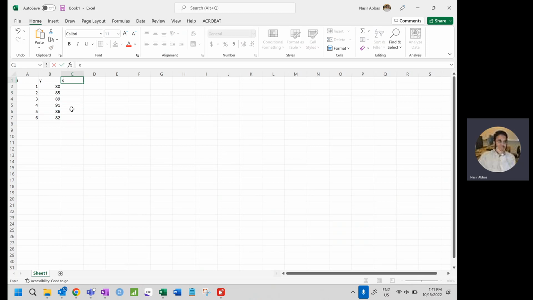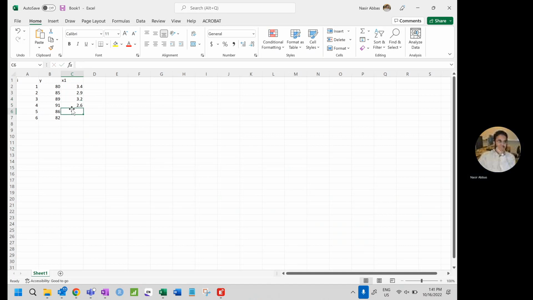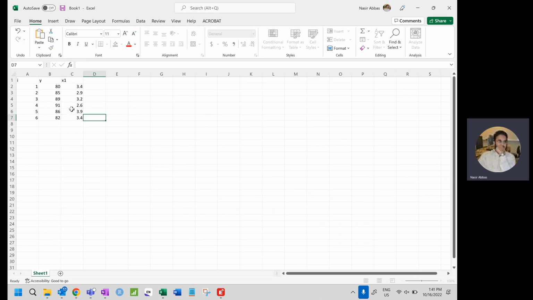And let us say X1 is their GPA before starting the course. So let us say 3.4, 2.9, 3.2, 2.6, 3.9, and 3.4. And X2 is their score in major one, out of 42.